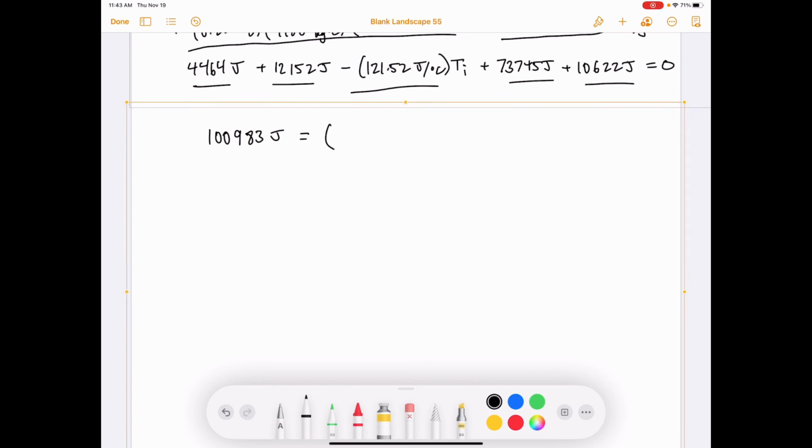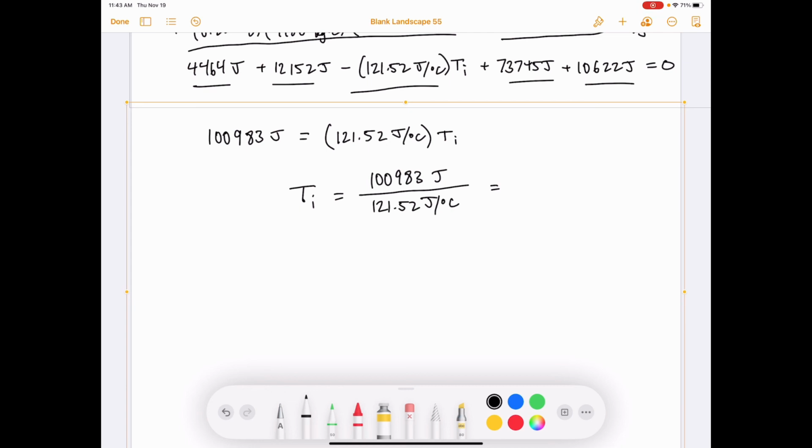And then we'll take the negative term and add it so it's positive on the other side of the equation, 121.52 joules per degree Celsius times T initial. Solve for T initial. That's 100,983 joules divided by 121.52 joules per degree Celsius.